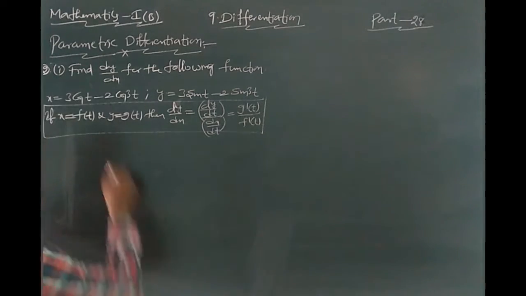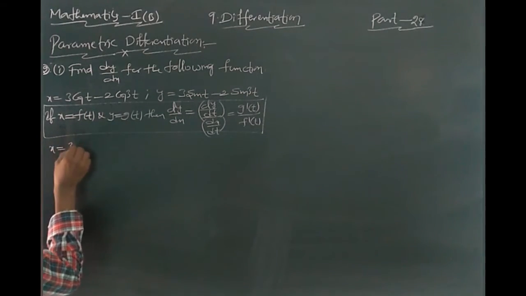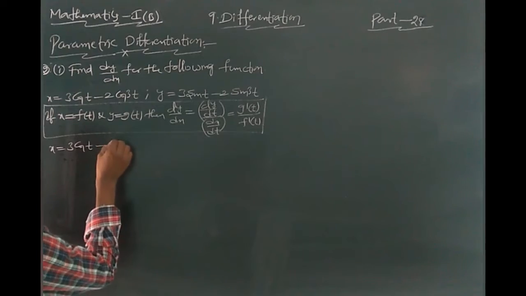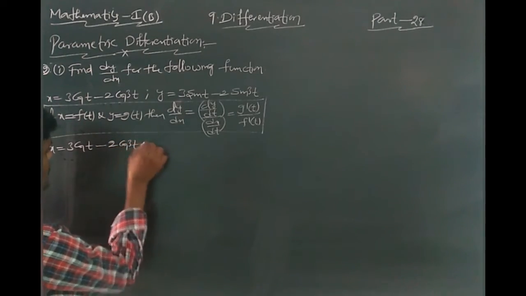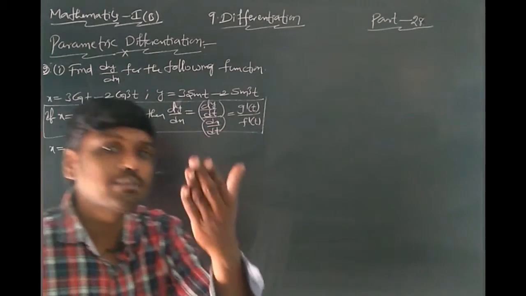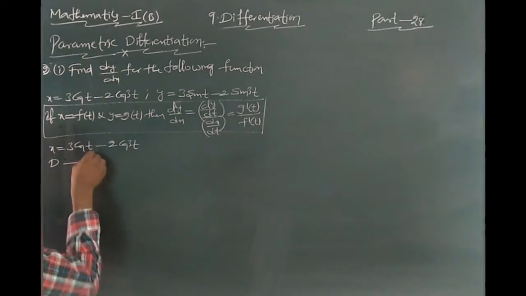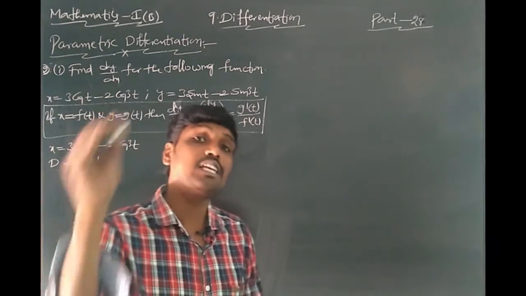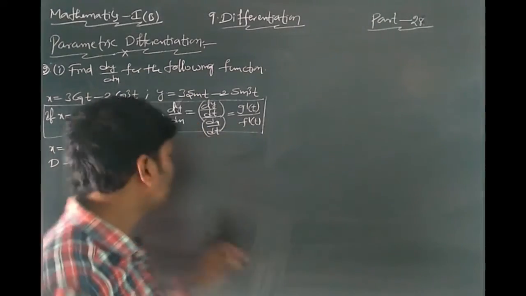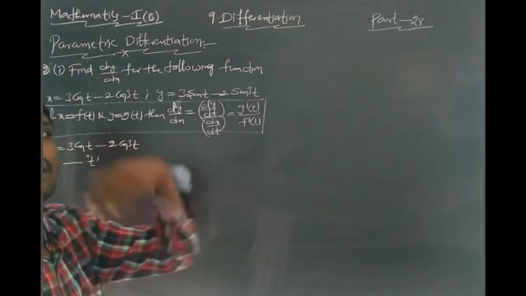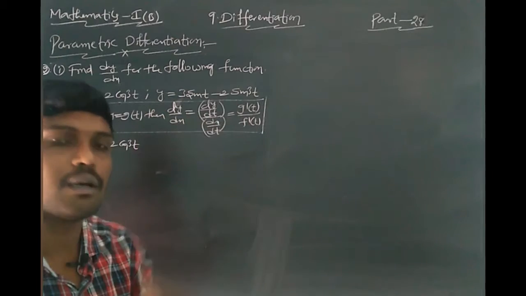In this formula, first we have to take the x value. x is equal to 3 cos t minus 2 cos cube t. After that we can find dx by dt. This function is not differentiated with respect to x. This function is in terms of t, so the derivative should also be written in terms of t.